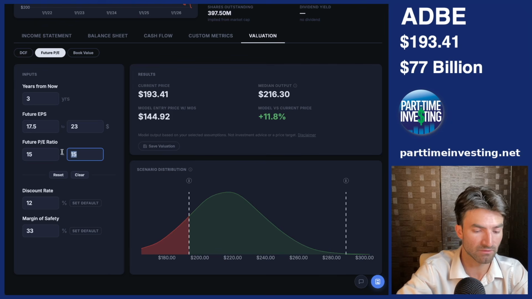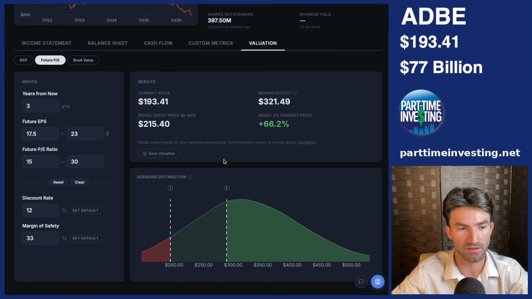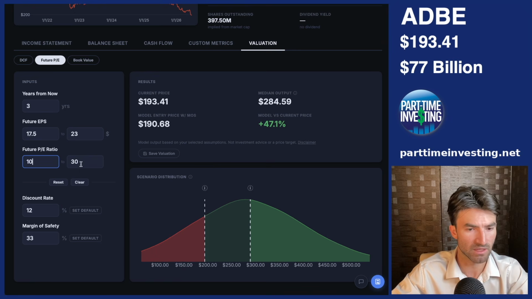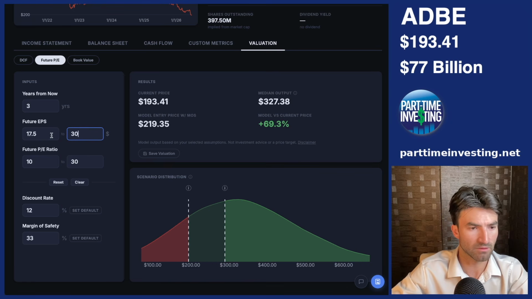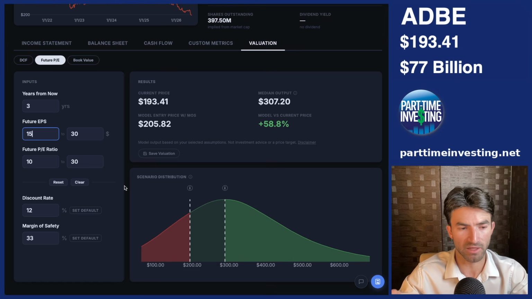So if it's traded at some of these multiples that other tech stocks and AI stocks are trading at, I mean, you're grossly undervalued. So it's fun to do. It's fun to run these scenarios. You could put huge ranges on here, 10 to 30, big spreads. What if they make 30 or 15, and just kind of see how the scenarios play out, right?